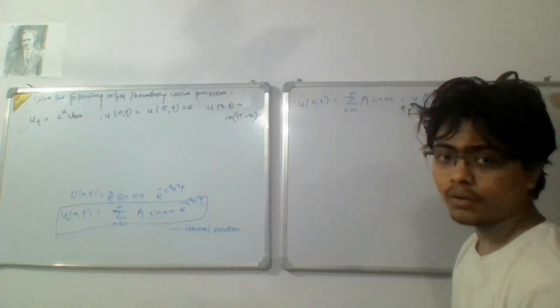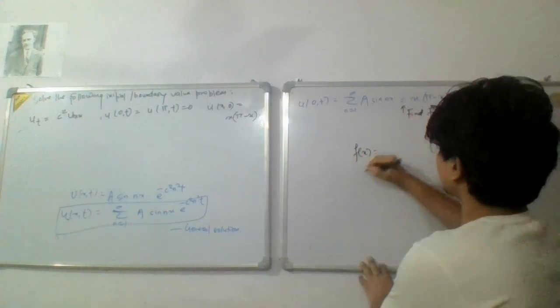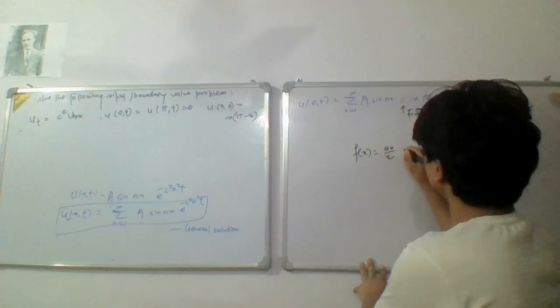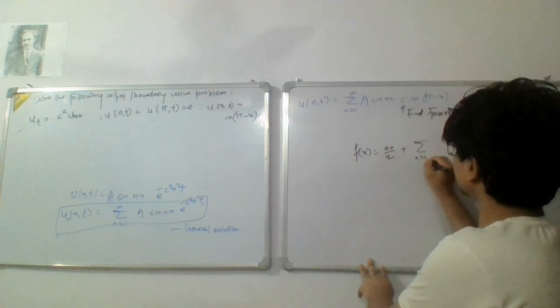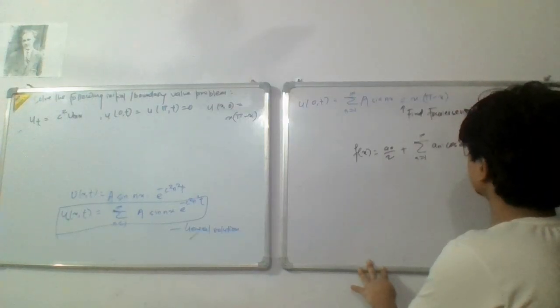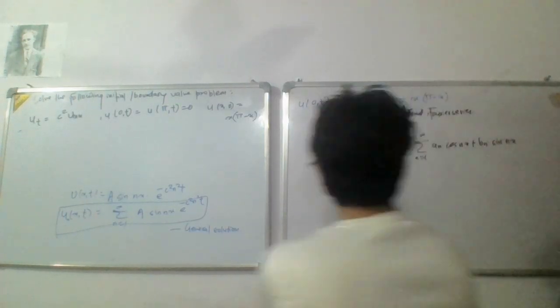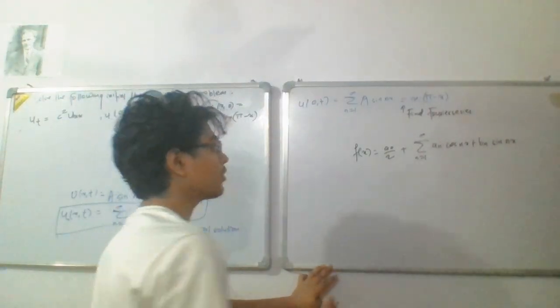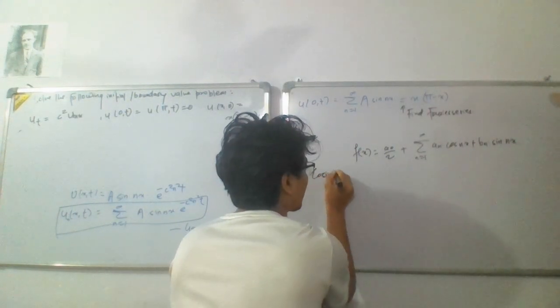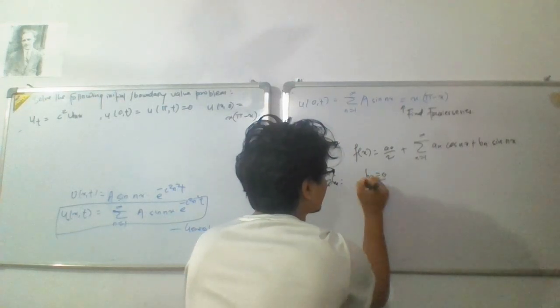If you remember our Fourier series formula, it was f of x equals a naught by 2 plus summation n equals 1 to infinity a n cos of nx plus bn sine of nx, right? Now for the cosine series, bn was equal to 0.